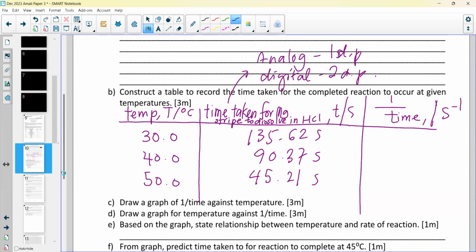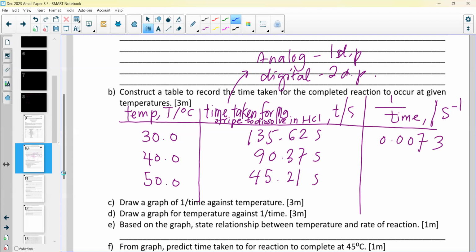Can anyone suggest how many significant figures or decimal points for 1 over time? If you are using 1 decimal point here, 2 decimal points here, how many decimal points do you think you need to give for 1 over time? 3 or 4? Someone help me with the calculations, please. 0.0073.